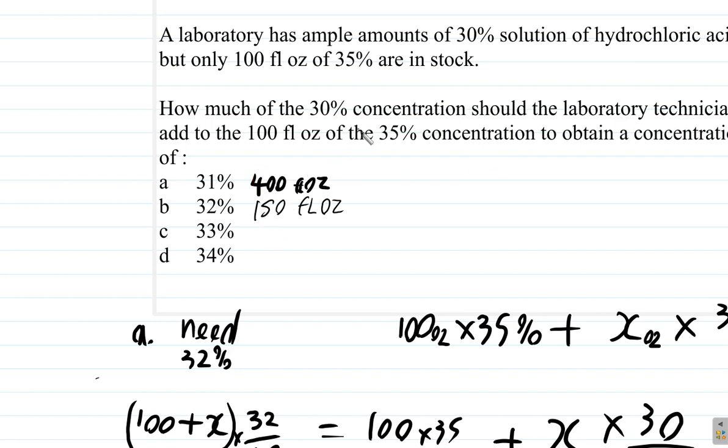If it's 32% you want, you're going to draw down the 35%, but not that low. So you don't need as much of the 30% to mix with the 35% to water it down so much. Right? So you need only 150 fluid ounces.